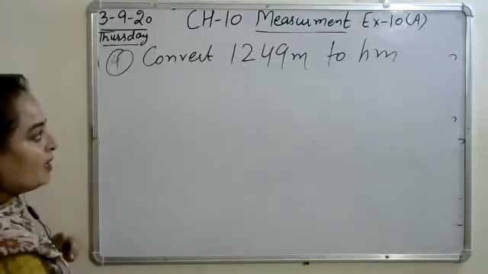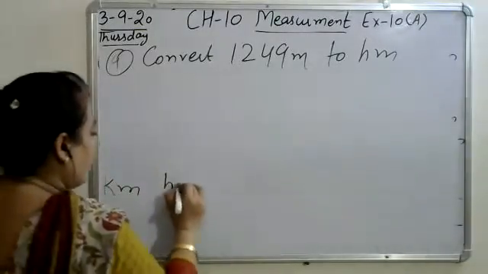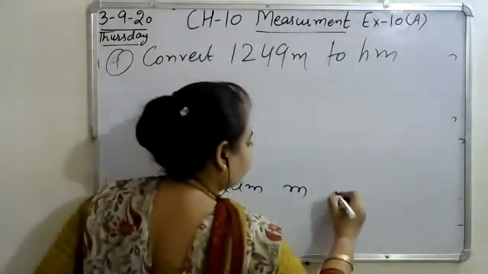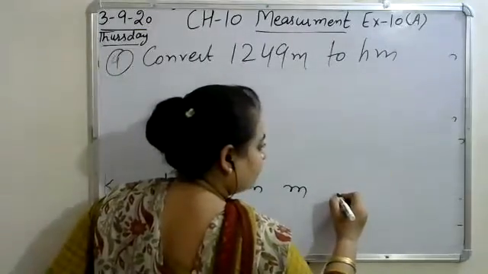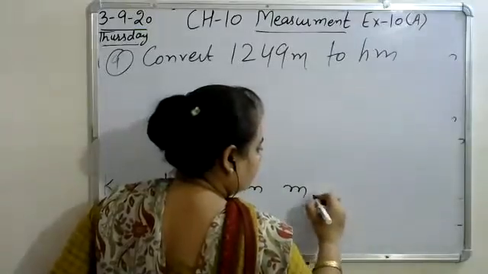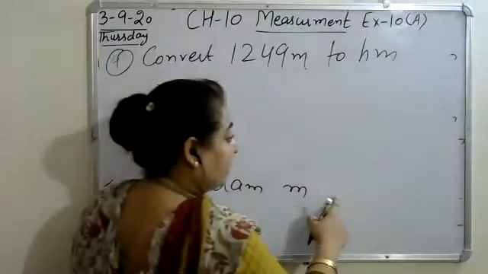The first step is to write down the table. So kilometer, hectometer, decameter, meter. What do we have after meter?